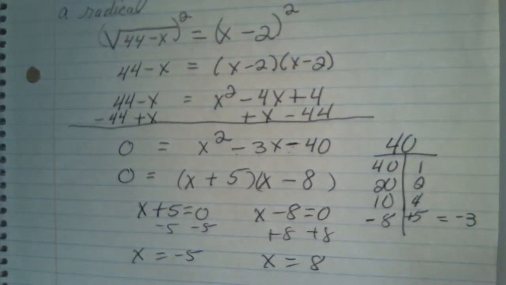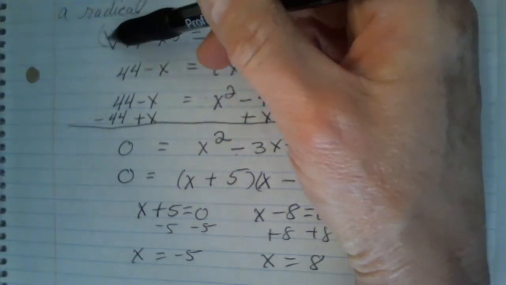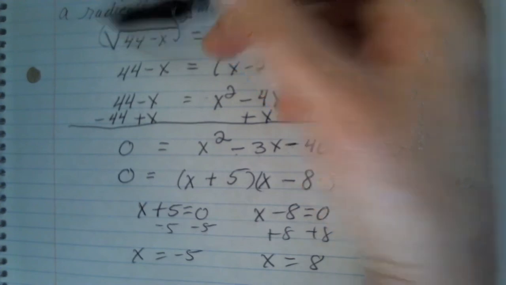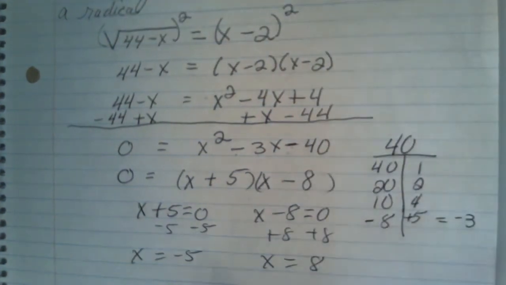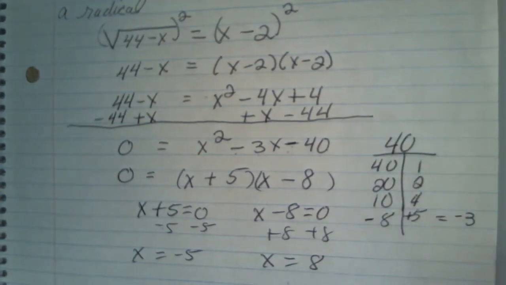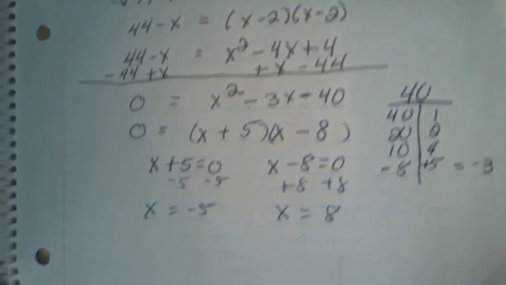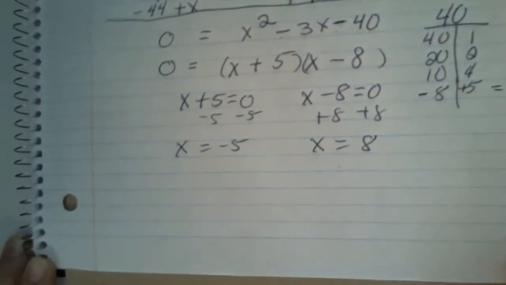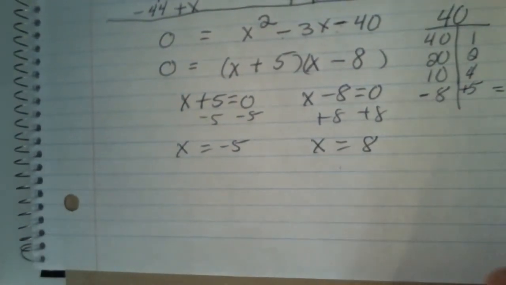Now, whenever I start with an equation that has an even index, I have to check my answer. I can't just trust that these both are going to work in that original equation. So just because I've solved for my letters doesn't mean that I'm done with my mathematics to find the answer or the solution to this equation.